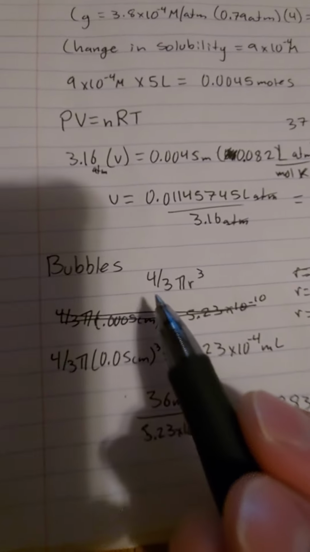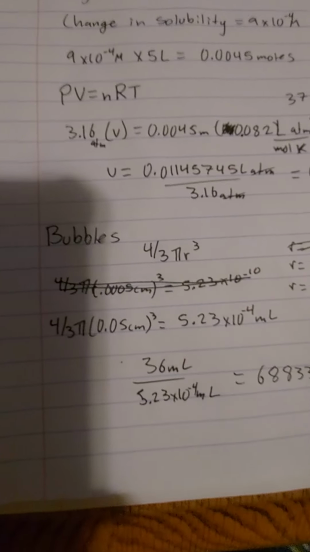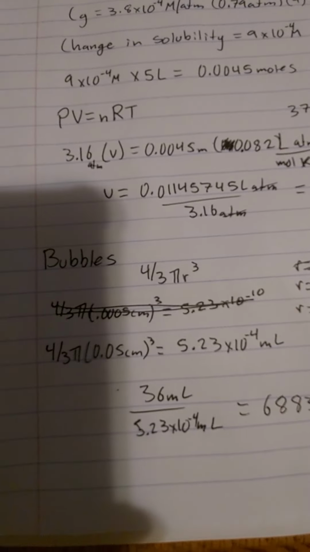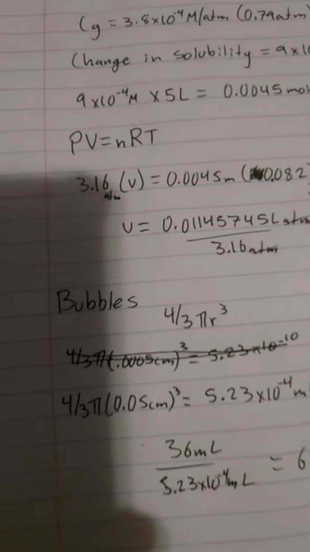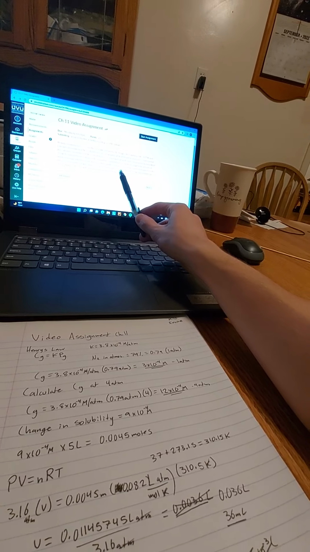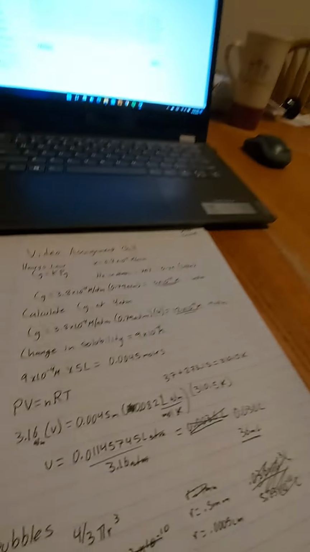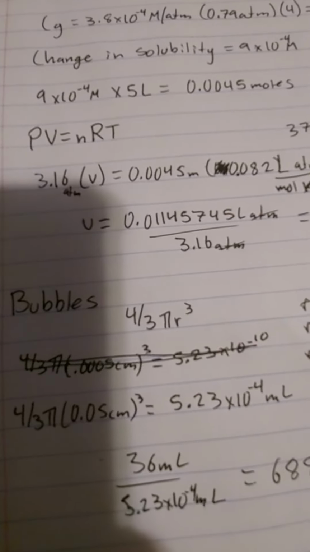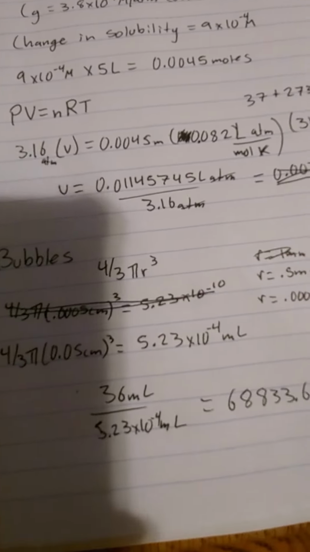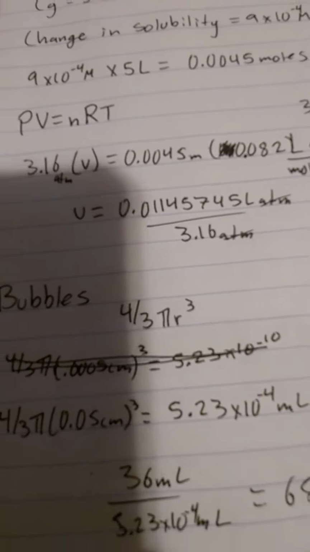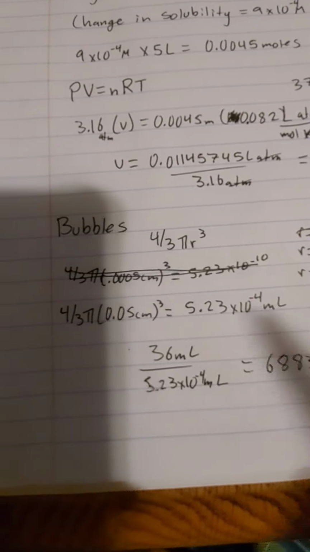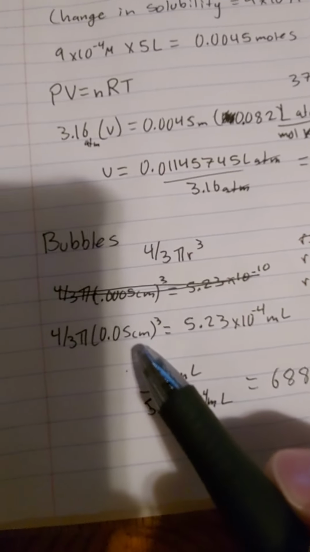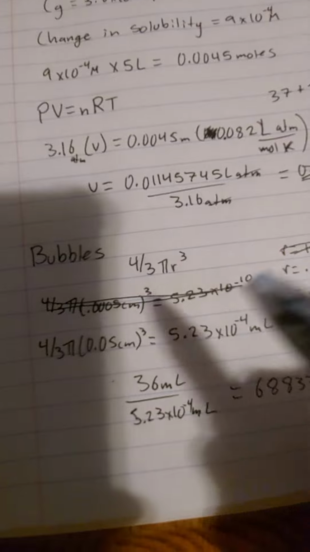So we use the volume of a sphere equation, 4/3 times pi r cubed. It gives us the diameter as 1 millimeter. For the equation, we want to convert that into centimeters and also divide it by 2, because it wants the radius, not the diameter. So right here, converted into centimeters, 0.05 centimeters is the radius.